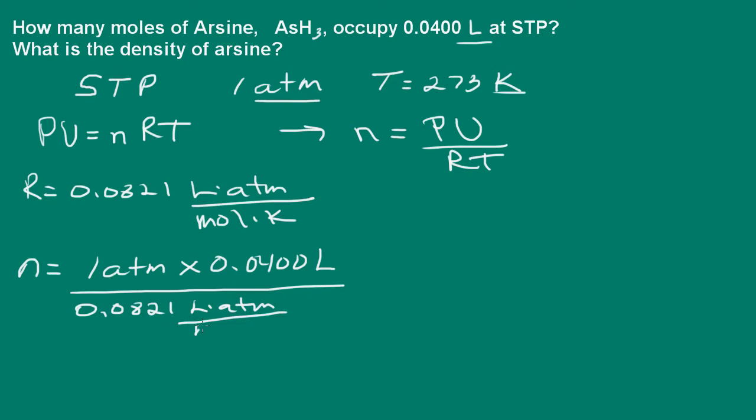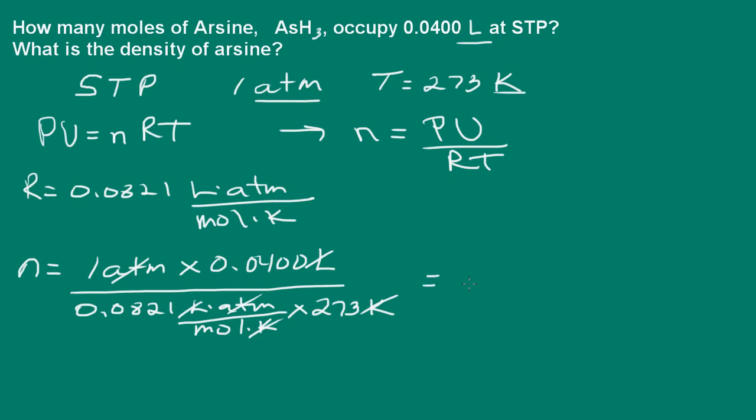Okay, it's always a good idea to keep track of your units. That way, if they're not canceling out the way they should, then you know that something's wrong. And that's 273 Kelvin. So let's see what happens here. Atmospheres cancel, my volume cancels, the Kelvin cancels, and we're left in moles.